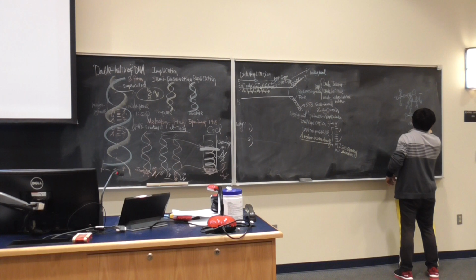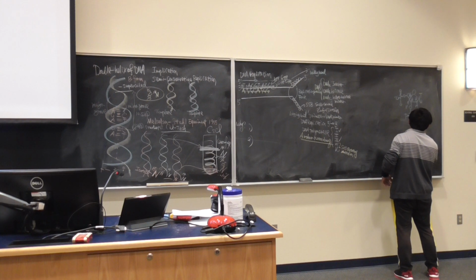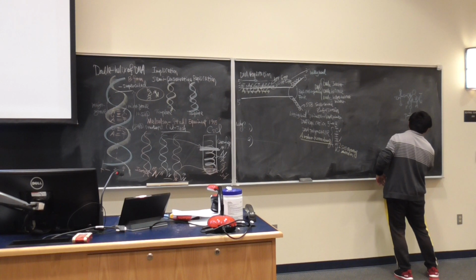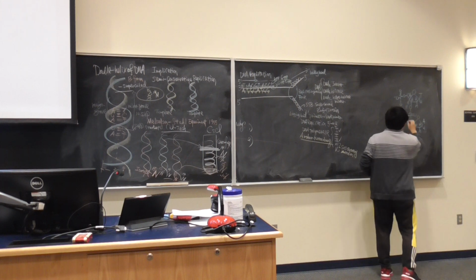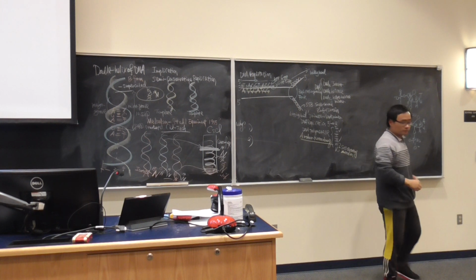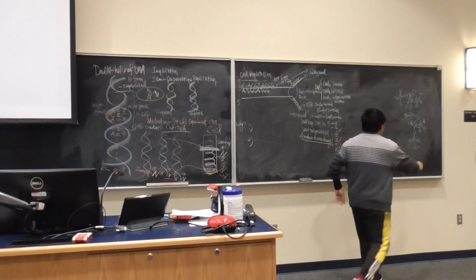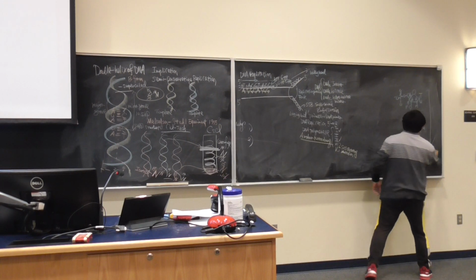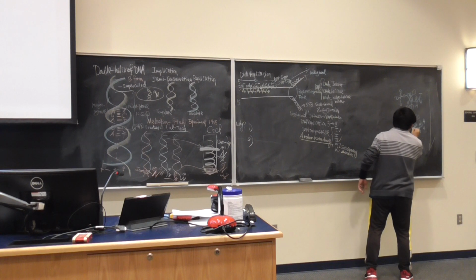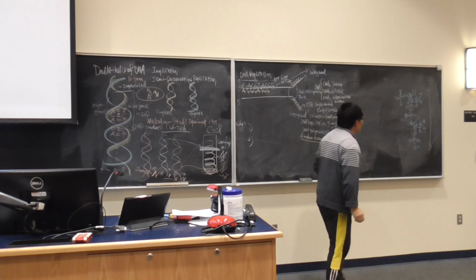You have H, H, H, H, O. Okay, this is O. When you go 5 prime to 3 prime, going this way, there is a free available OH.